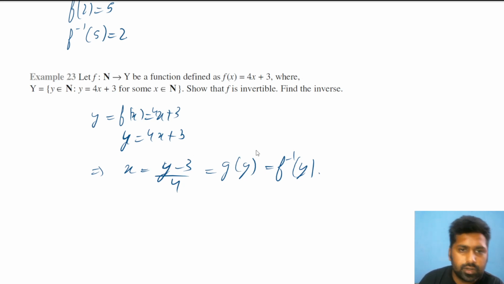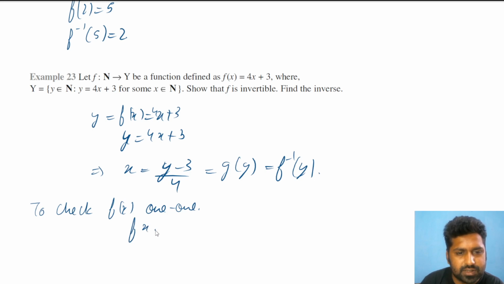But in order to prove it is invertible, what do we have to prove? We have to prove it is 1-1 and onto. And I told you, you can check this directly also, or there is a proper mathematical proof. How do we check whether a function is 1-1 or onto? To check f of x is 1-1, there was one definition: f of x1 equal to f of x2.